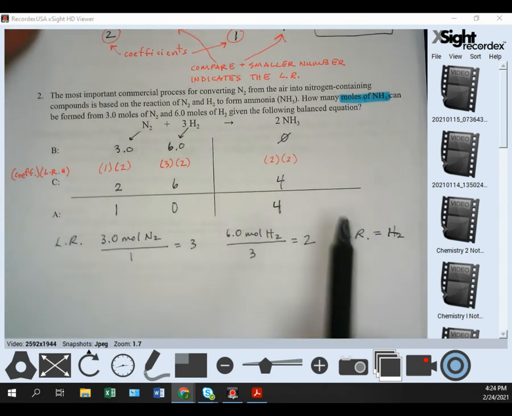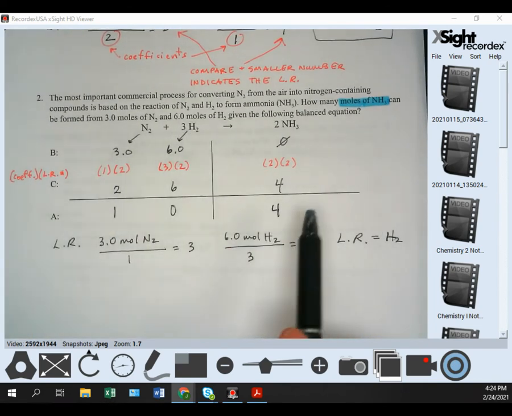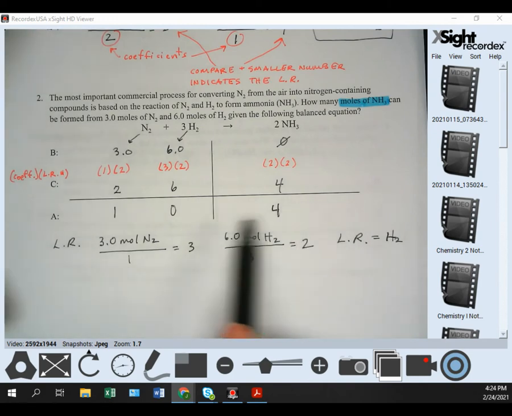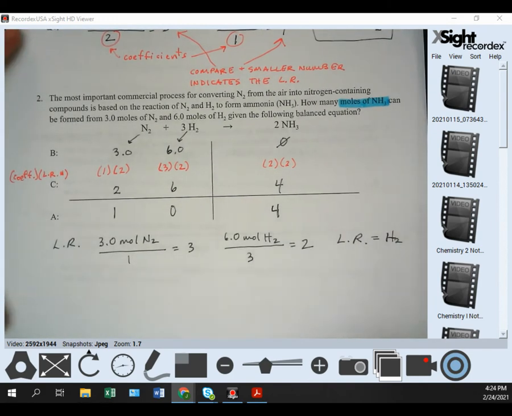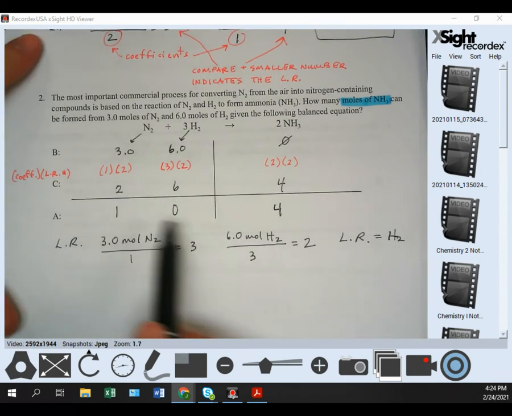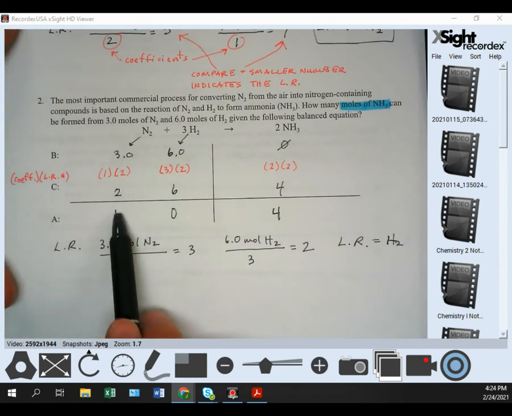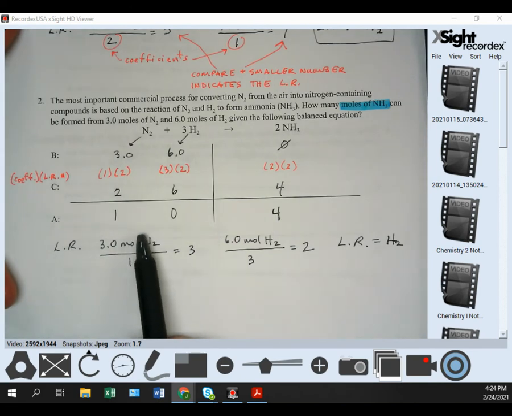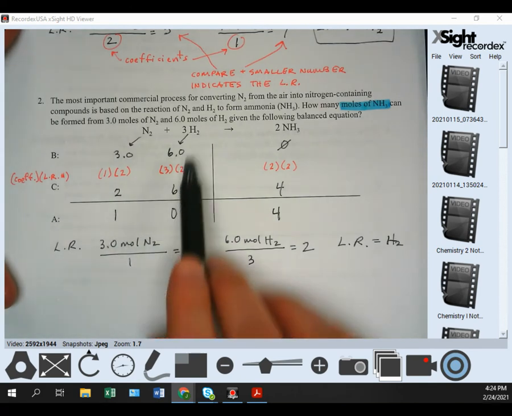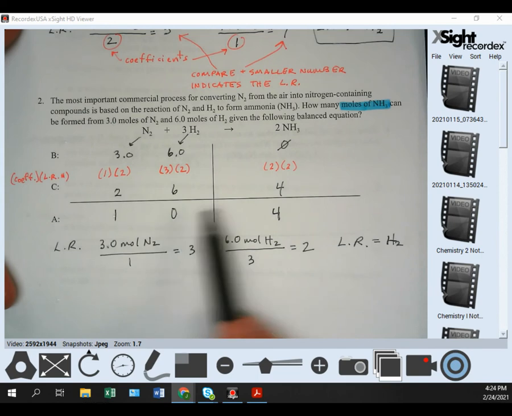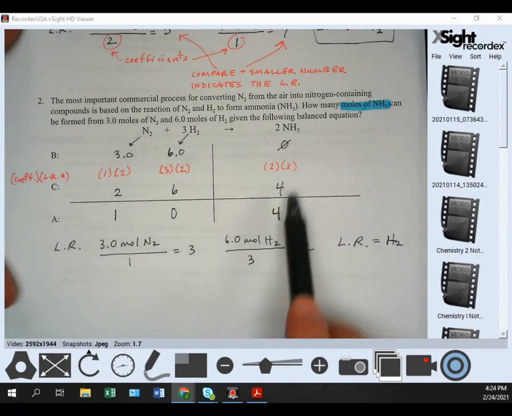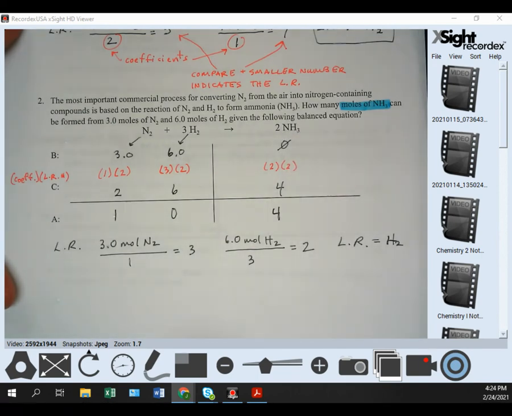So, remember, everything in this chart is in moles, right? So this after row is what's left after the reaction is completed. This is telling us we have 1 mole of N2 left over. Our hydrogen got all used up, and we produced 4 moles of NH3.